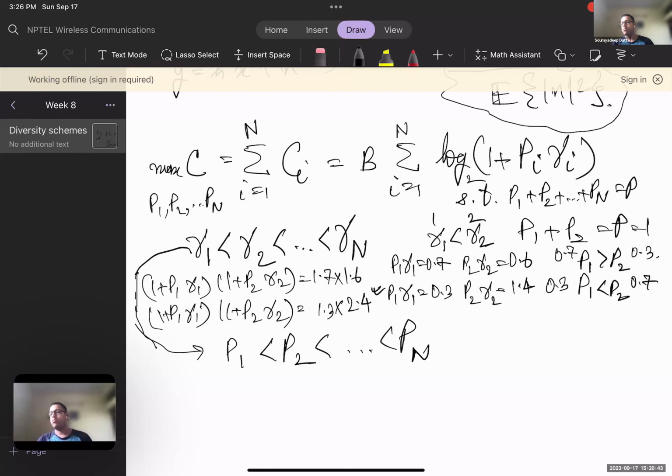To increase your capacity, you should give more power to the stronger channel. So if you just want to increase the sum rate, if you're not caring about fairness of your users and all that, you should provide higher power to the stronger channel. So I hope this is clear.